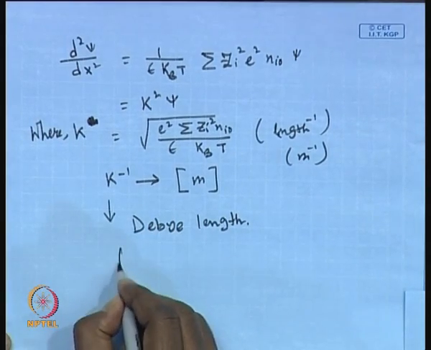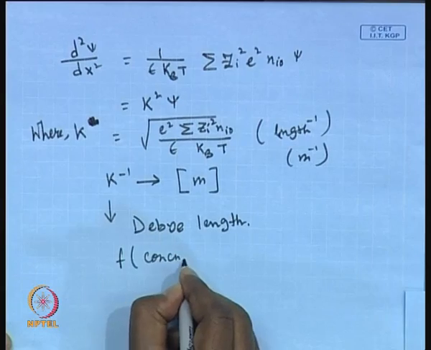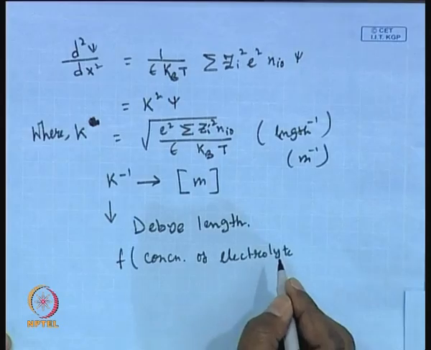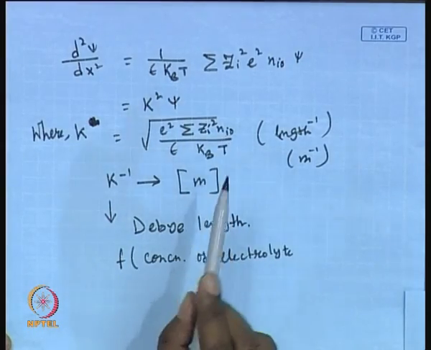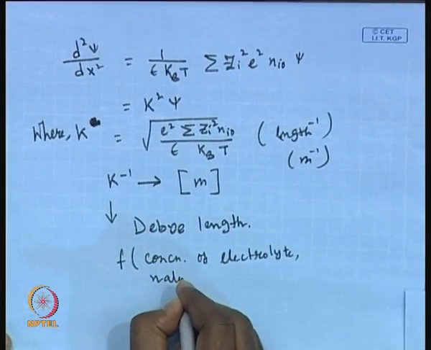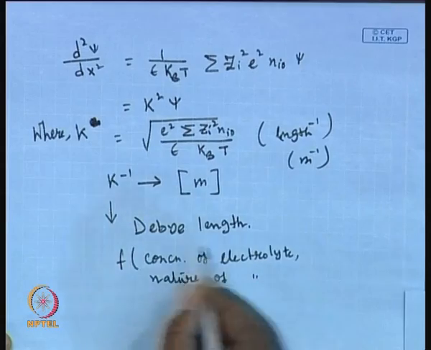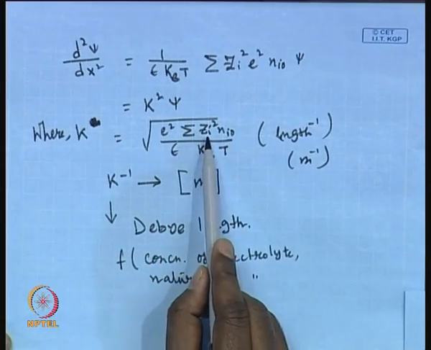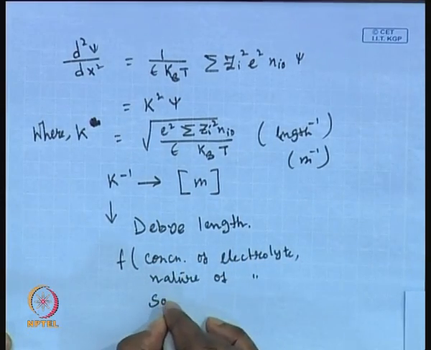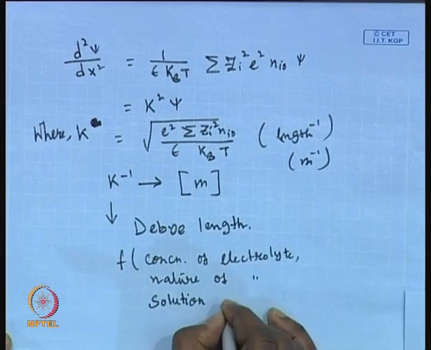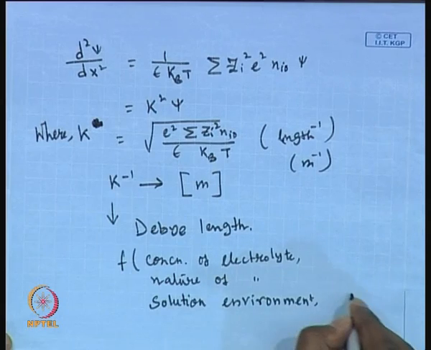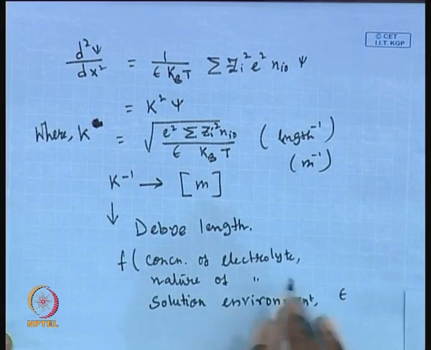So, this will be a function of the concentration of the electrolyte, which appears in the number concentration n_i naught, and the nature of the electrolyte, which is reflected in the value of z_i. And the solution environment, that means epsilon, and of course, the temperature.